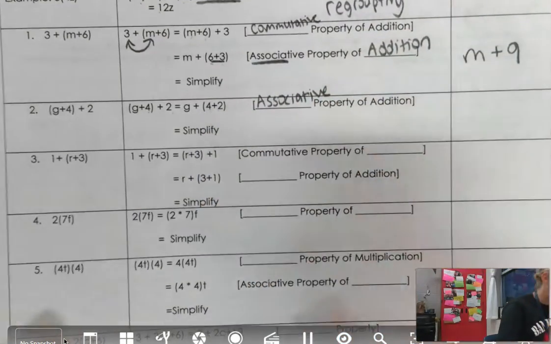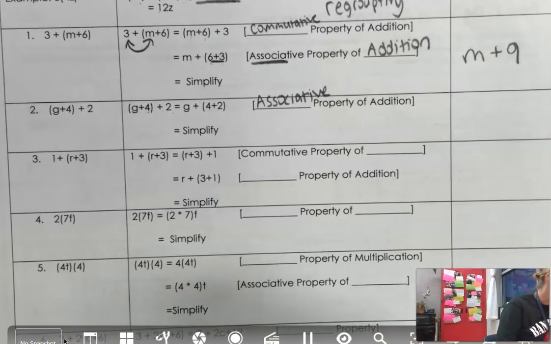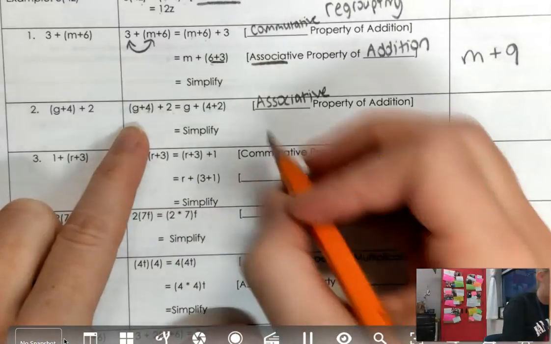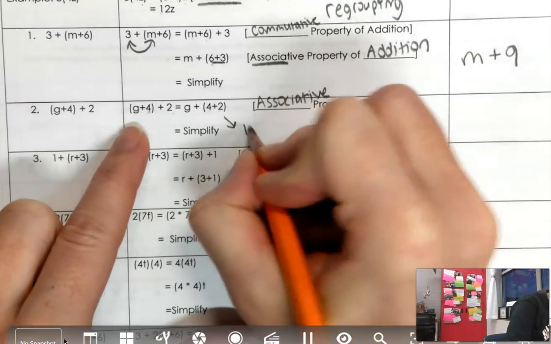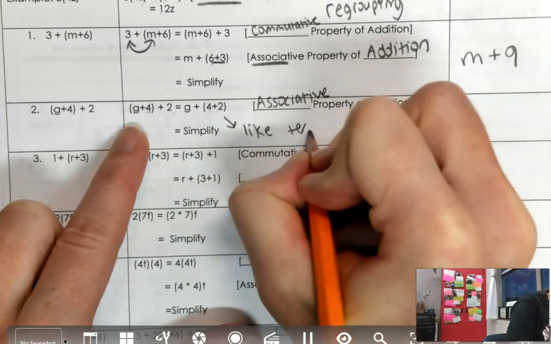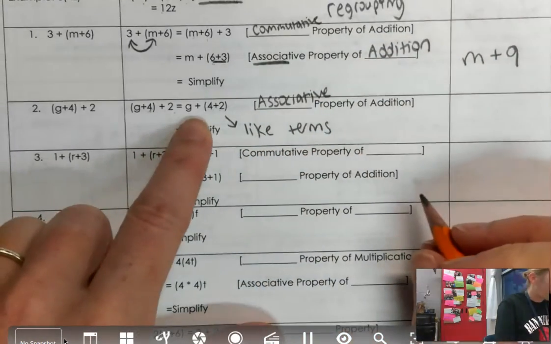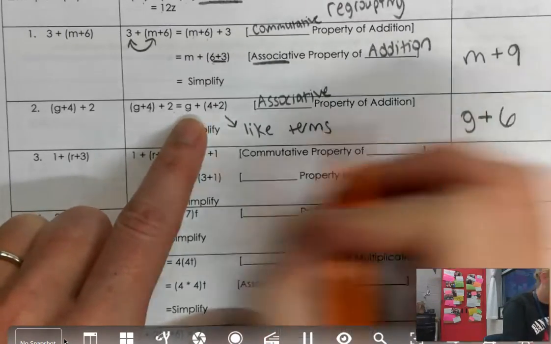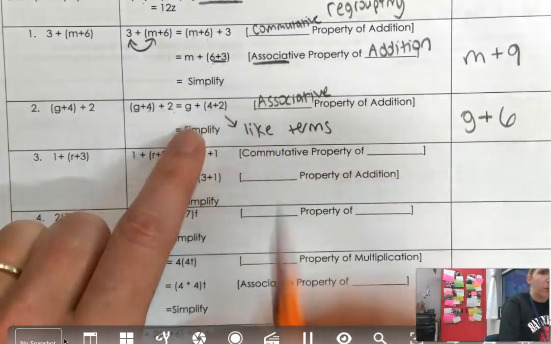So associative property of addition. Now, since we've regrouped, all we're really doing is combining the like terms. We regrouped the 4 and the 2 together because they are like terms. So our simplified answer is going to be g plus 6. I got the 6 because I combined the 4 and the 2 together.